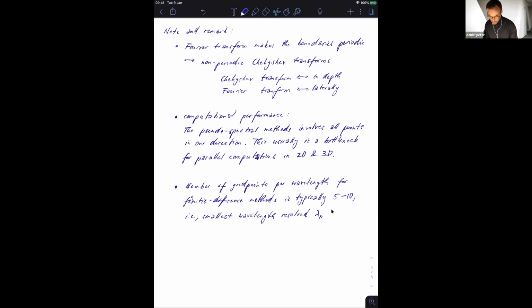This lambda minimum is around 5 times the grid spacing that we have. Now with the pseudo-spectral method, together with the Fourier transforms, in principle this can go down to 2.